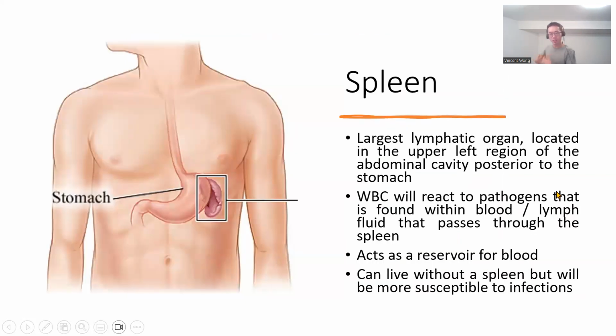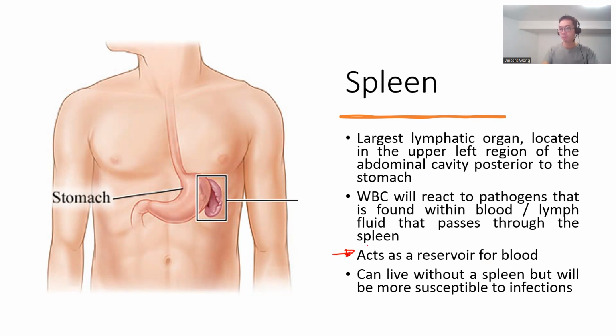All right, the spleen, which is behind your stomach, on the left side. Actually, I was pointing at the wrong side, on the left side. And it's not really big. It's a little bit bigger than your fist, perhaps. Also very similar function as the tonsils, as the lymph node. They screen the lymph for pathogens, but there's an extra function here.